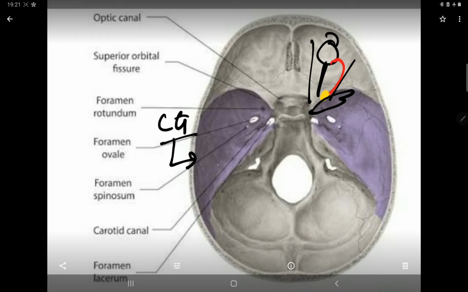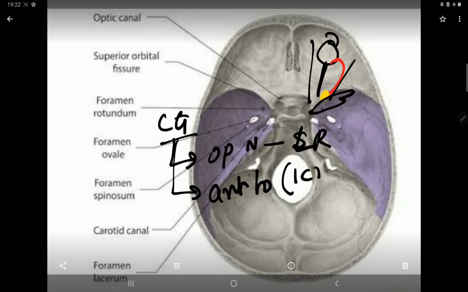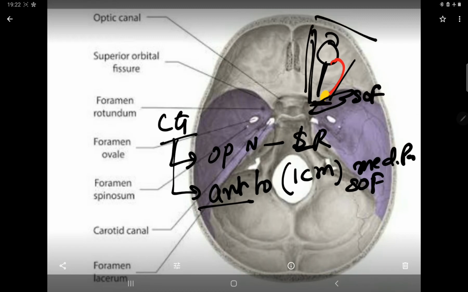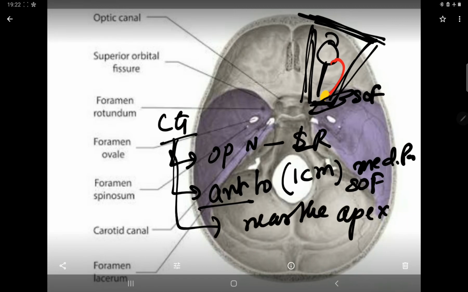It is located in between the optic nerve and lateral rectus muscle, and it is also located anterior. How much anterior? It is 1 cm anterior to the medial part of the superior orbital fissure, and it is also near the apex of the orbit. This is the base of the orbit, and this is the apex of the orbit. All right, so this is the exact location of your ciliary ganglion.